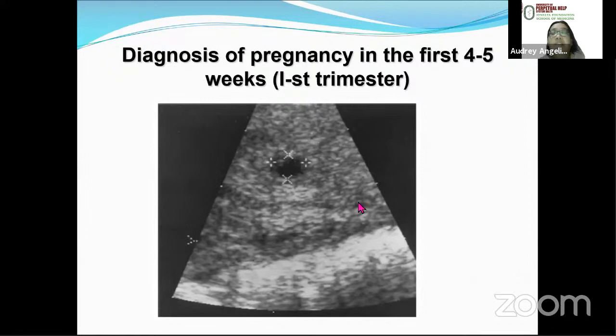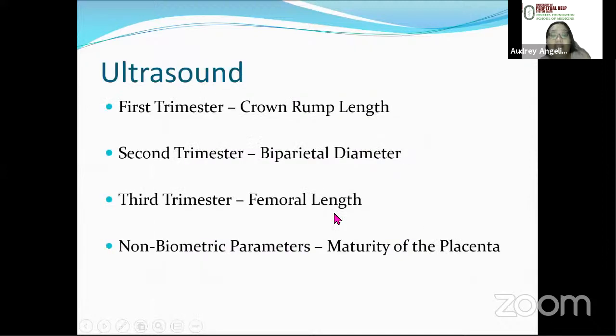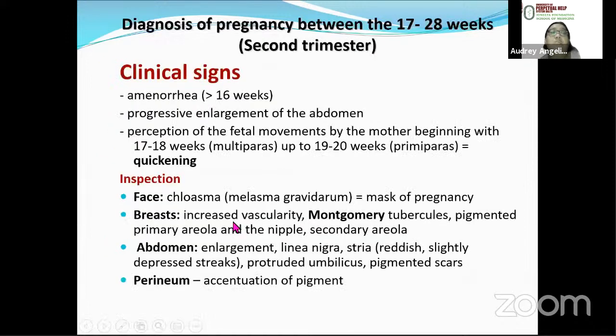Second trimester, the most reliable indicator would be what? Your biparietal diameter. And in your third trimester, the most reliable would be your femoral length. Okay, I went ahead of my slides. I'm sorry. There are also non-biometric parameters. For example, if you have conflicting areas, you look at the maturity of the placenta, if it's grade 1, grade 2, or grade 3.